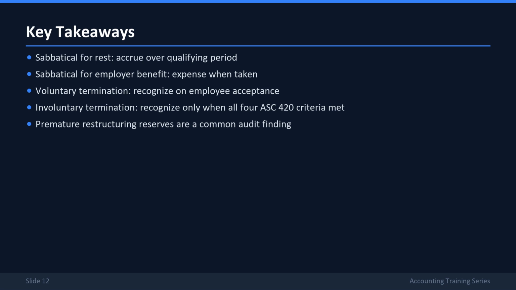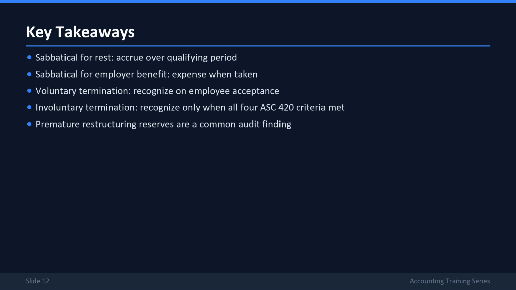Let us review the key takeaways from this section. A sabbatical granted for rest and recuperation must be accrued over the qualifying service period. A sabbatical that requires the employee to perform duties for the employer's benefit is expensed when the sabbatical occurs. Voluntary termination benefits are recognized when the employee accepts the offer.